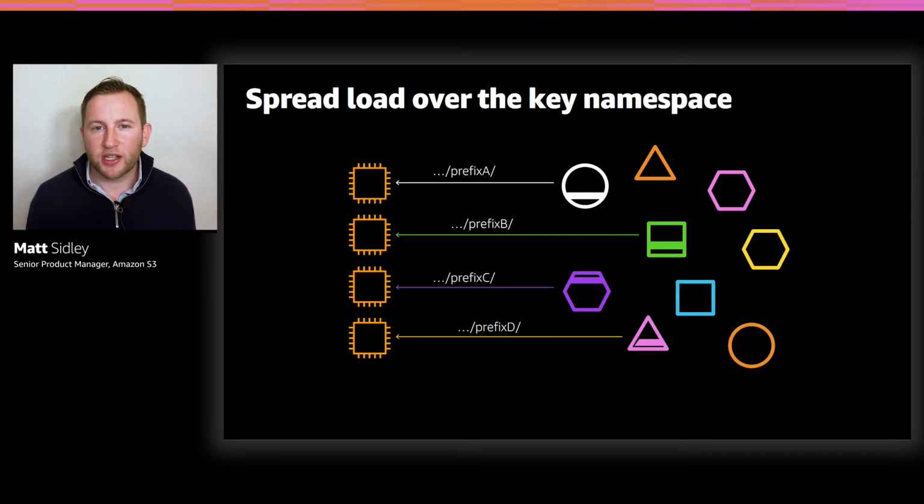Your application can achieve at least 3,500 puts or 5,500 gets per second across a prefix. There's no limit to how many prefixes you can create within a bucket. For example, if you wanted to create 10 prefixes in a bucket to parallelize reads, you could achieve 55,000 read requests per second. The key here is to spread your request load across many prefixes in a bucket.